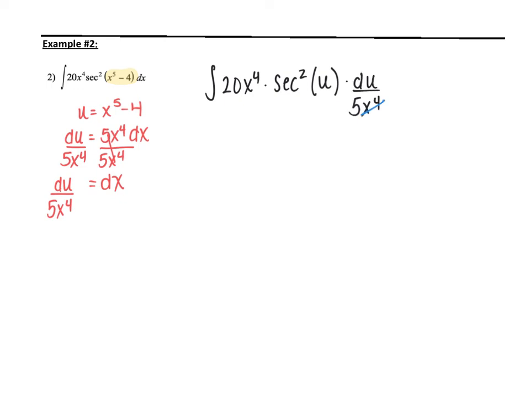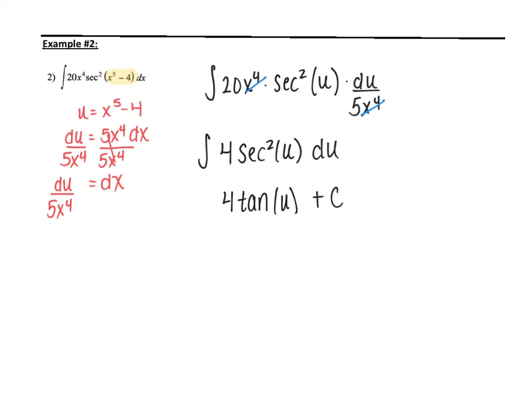So I have x to the 4ths that cancel. I know that 20 divided by 5 is 4. So I want to integrate 4 secant squared of u du. So you want to ask yourself, the derivative of what gives me secant squared? And you should be thinking tangent. So the answer is 4 tangent of u plus c.